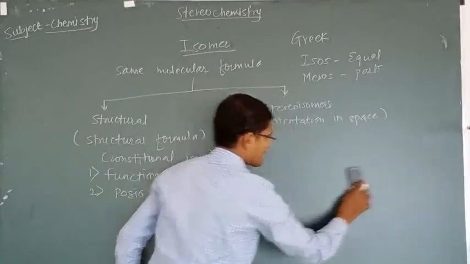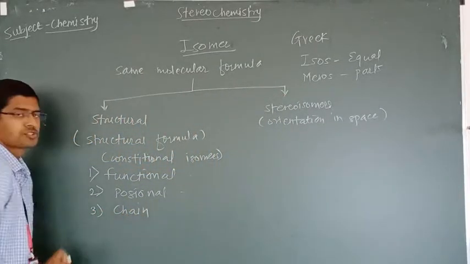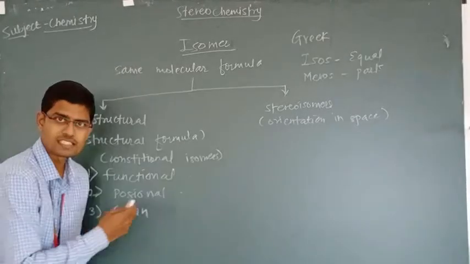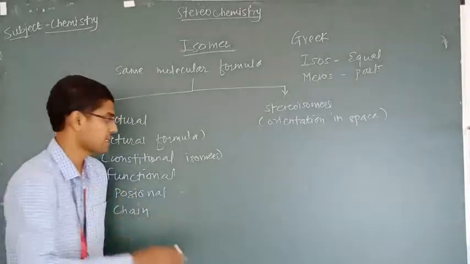Now the third type is chain structural isomers. Here, what is the difference? The difference is the arrangement or chain of carbon atoms in a molecule.